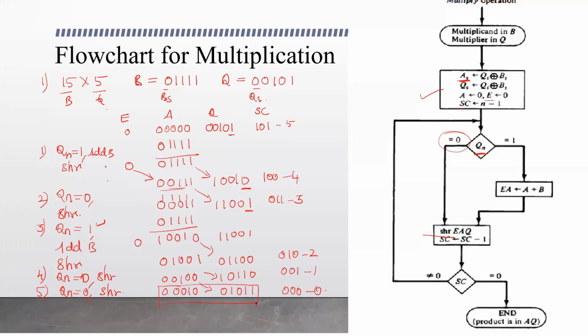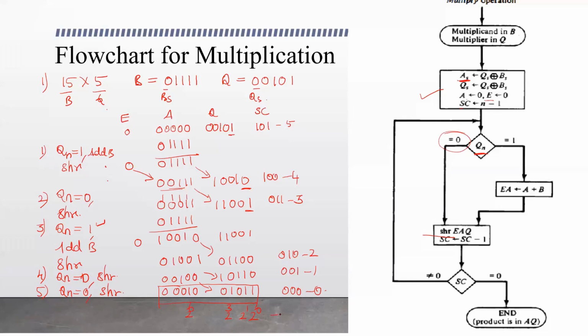Okay, as it is multiplication, the result may occupy more bits. So that is the reason we are taking 2 registers, A and Q, to accommodate the result. Now if you check this, what is this? 2 power 0, 2 power 1, 2 power 2, 2 power 3, 4, 5, and 2 power 6.